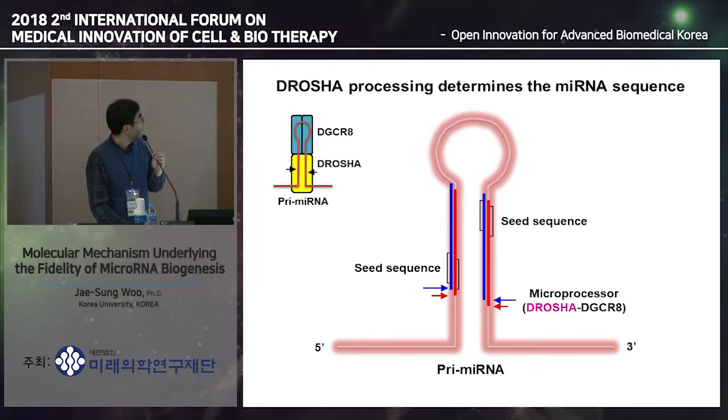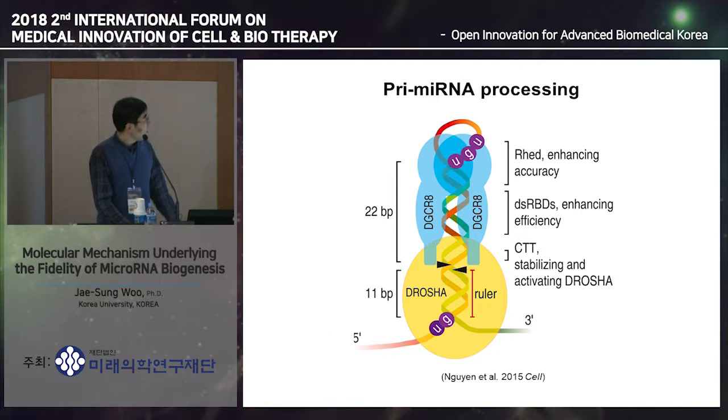And this step is particularly important because it determines the microRNA sequence. If DROSHA processes at a wrong site, for example one nucleotide shifted, then the seed sequence is also shifted to generate a different sequence microRNA, and this will target a different mRNA pool. So the fidelity is crucial.